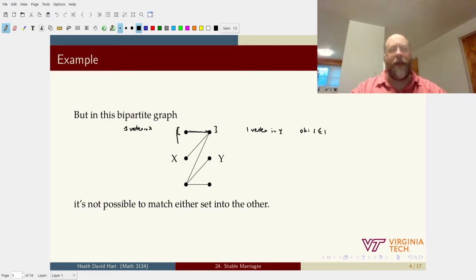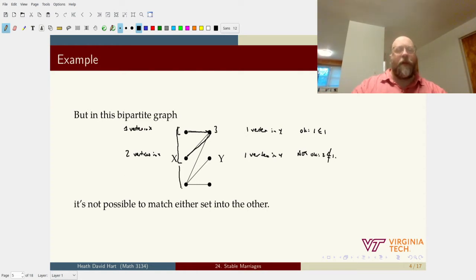But then if I expand this set down here, now we have two vertices in X. But if we follow the edges over and look at their neighbors, there's still only one vertex in Y. And that's not okay because 2 is not less than or equal to 1.